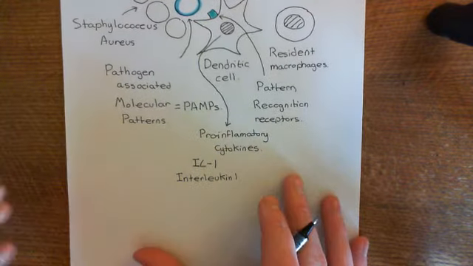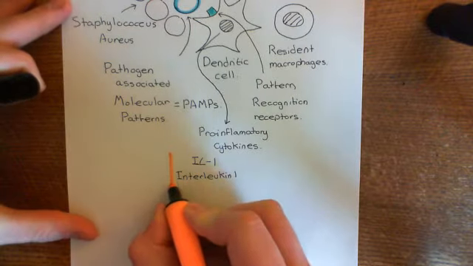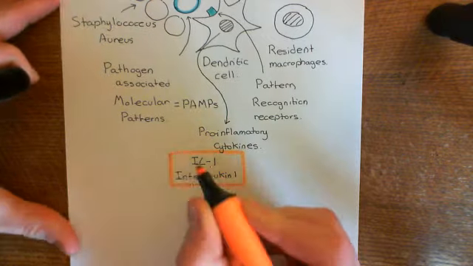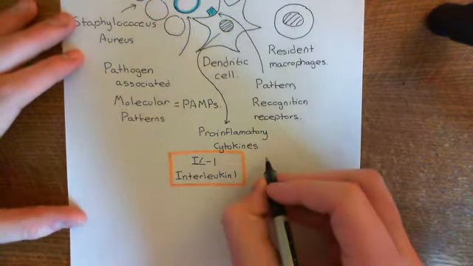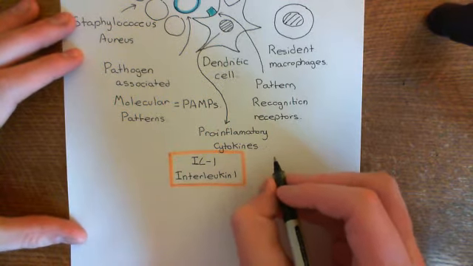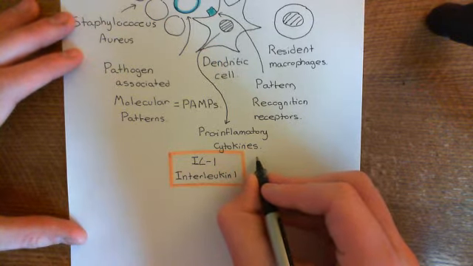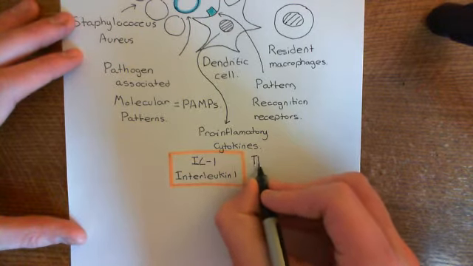Okay, so I might even circle it with a colour because it's so important. So interleukin-1, which is getting its name circled with an orange box. Okay, and then the other pro-inflammatory cytokine which these sentinel cells release when activated by the presence of a pathogen-associated molecular pattern is tumour necrosis factor.